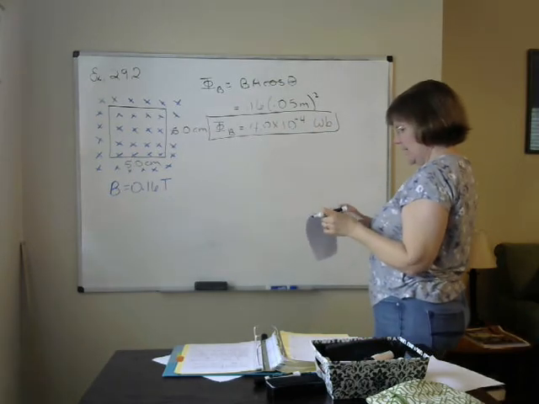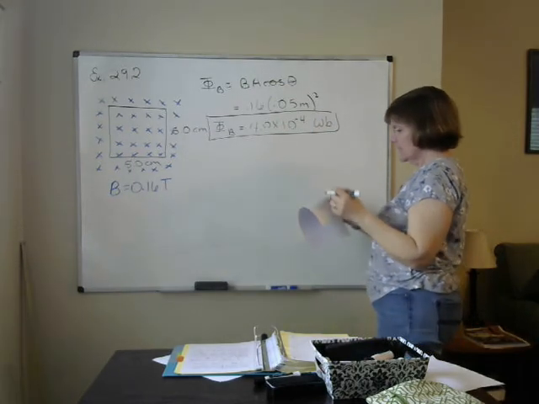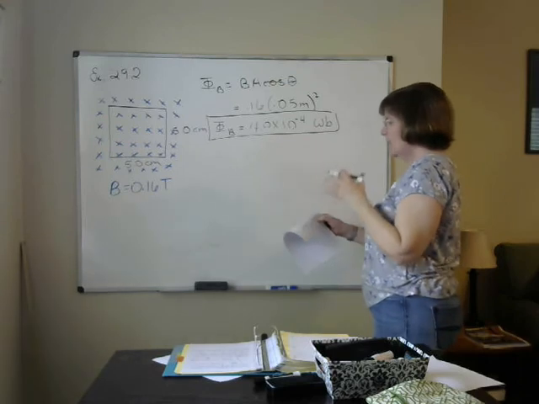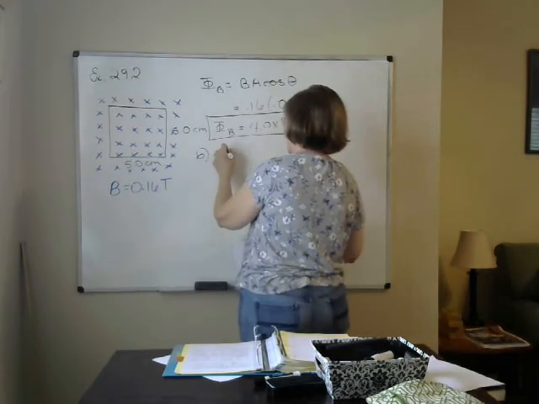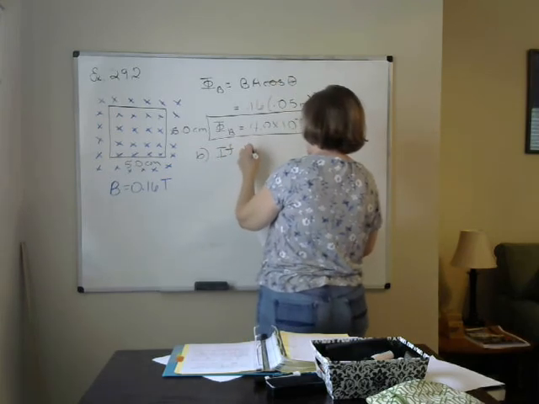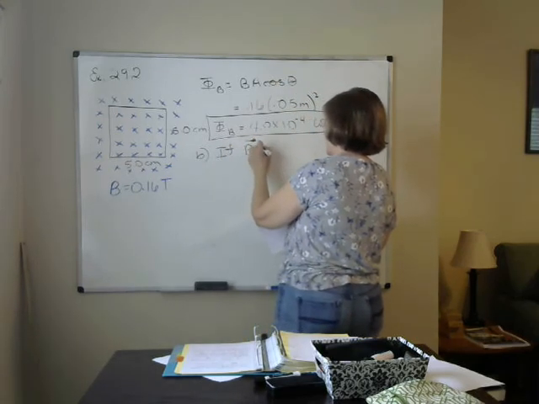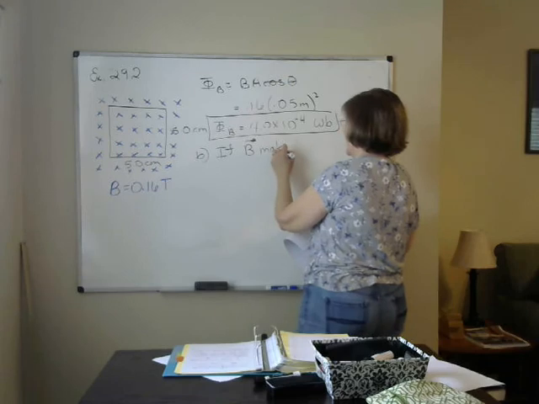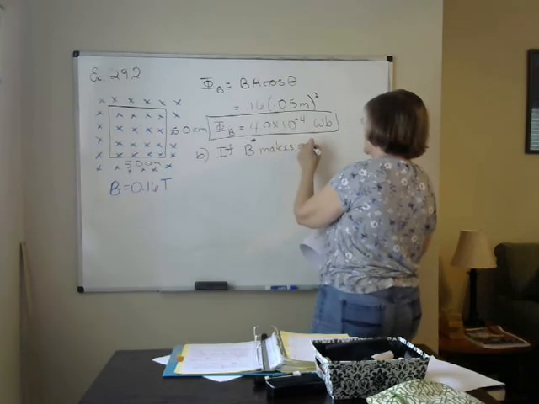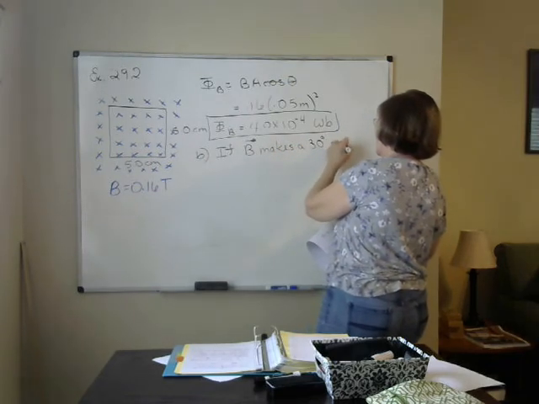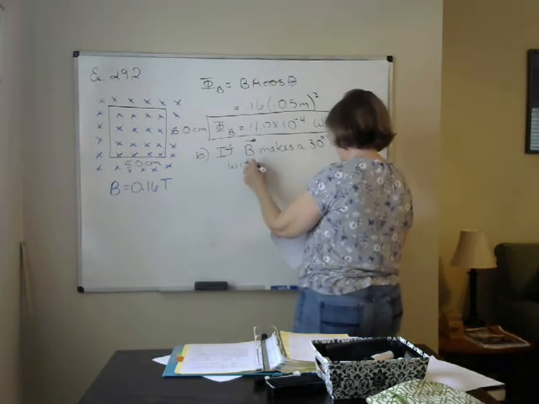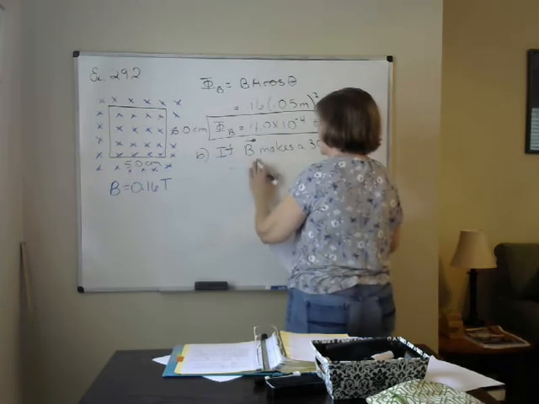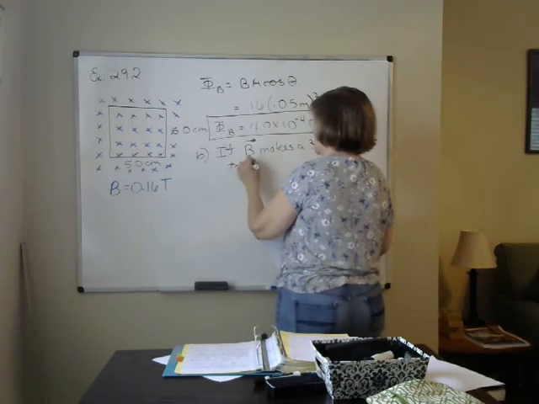Okay, that's part A. The second part says, what's the flux if B makes a 30-degree angle to A?